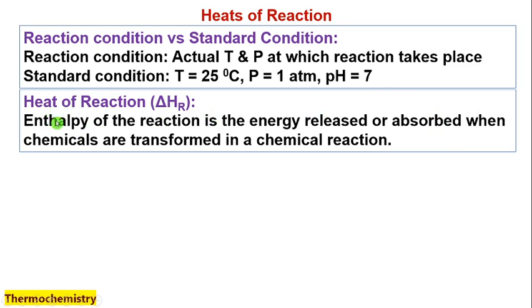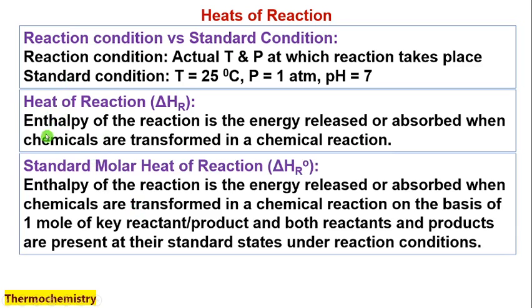Why are heat of reaction and enthalpy equivalent here? The reason is we are considering the reactions to be undergoing at an isobaric condition. From the application of the first law of thermodynamics, we have seen that in an isobaric condition Q will be equal to delta H, right?